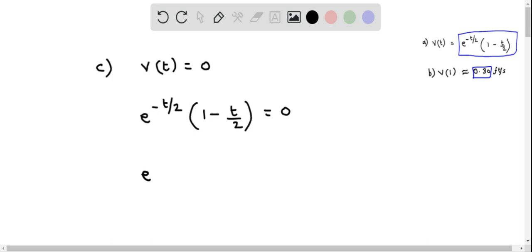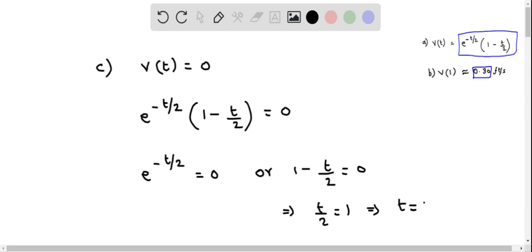Solving this, we will get e raised to the power of negative t by 2 equals 0, or 1 minus t by 2 equals 0. Let's solve this first. We get t by 2 equals 1, and so this gives t equals 2. So we can see that at t equal to 2 seconds, the particle is at rest.